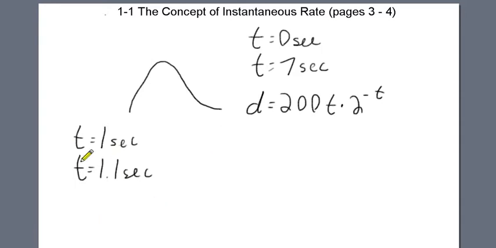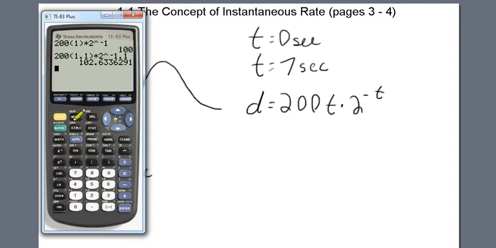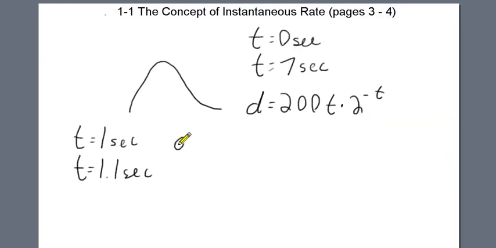So, what we're going to do is plug in 1 and 1.1 into our equation, just standard plug and chug, which I already have typed in here. 200 times 1 times 2 to the negative 1 equals 100. So, our degrees at time 1 equals 100 degrees.